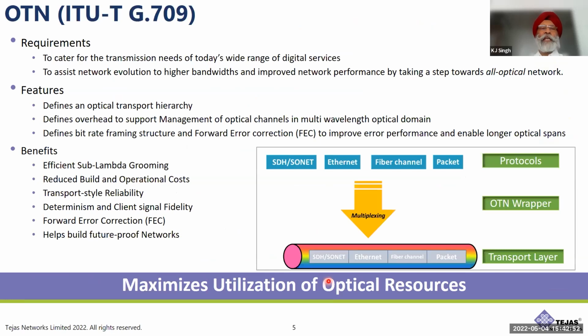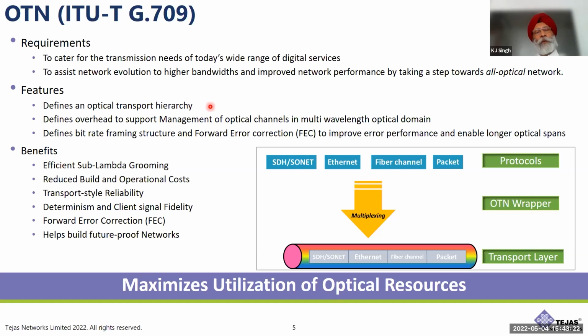So the ITU-T then came up with a standard to cater to today's higher rate digital services. And the idea was that the network could then evolve to higher bandwidths and essentially try to do as much switching at the optical layer and try to get low latency services across the globe.